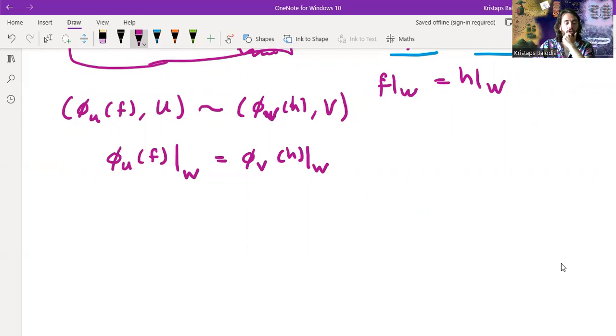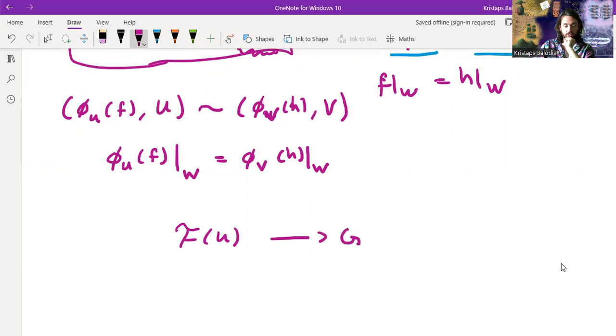Awkward pauses. So the way to see that this is indeed the case is to consider our diagram of morphisms. I have F at U, and this is where my F lives.